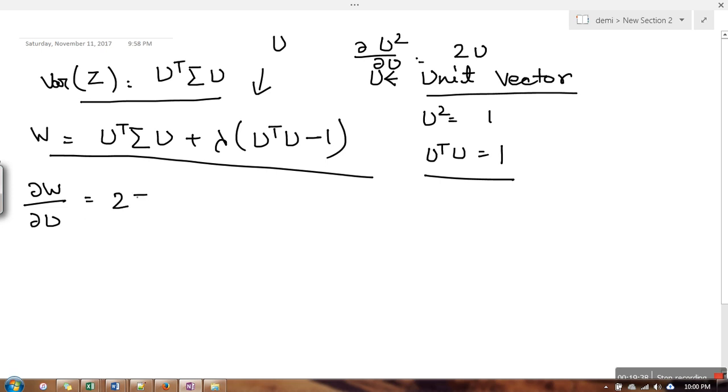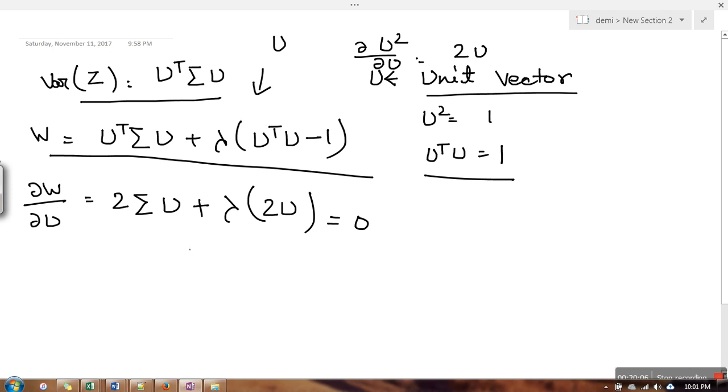Here this also will be considered as u square, and differentiating we will get 2u, and this will be 0. So we have found the differentiation of this term. Now we put it equal to 0, and then we try to find the value of u.